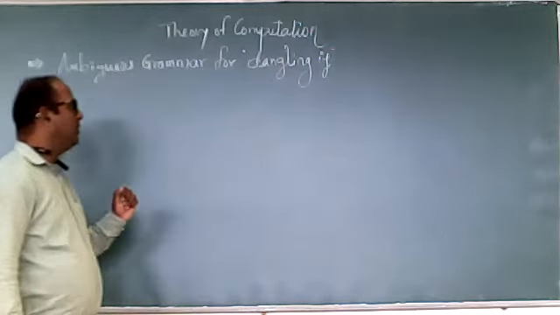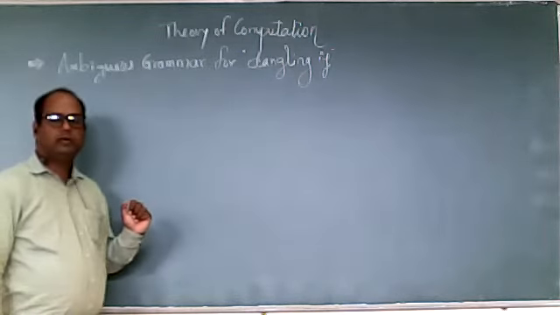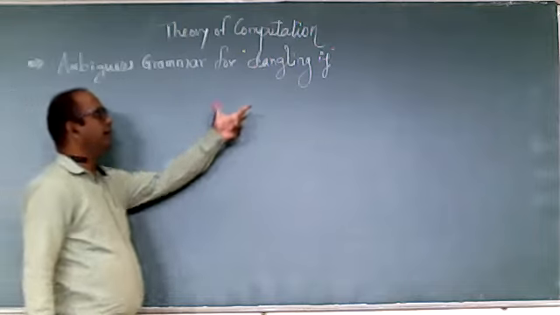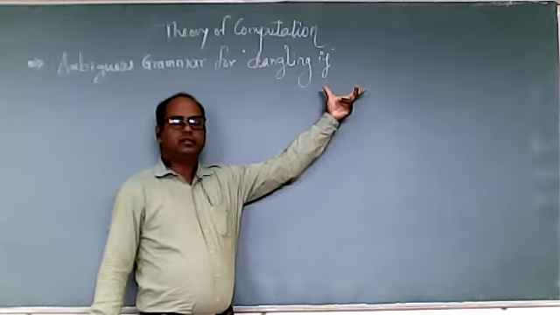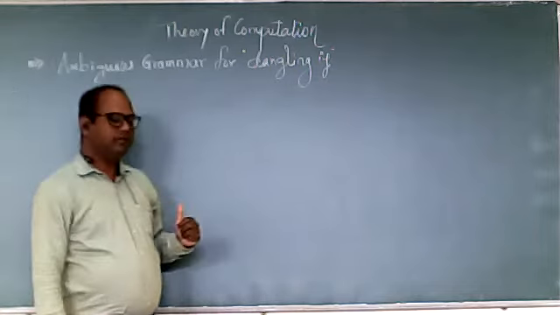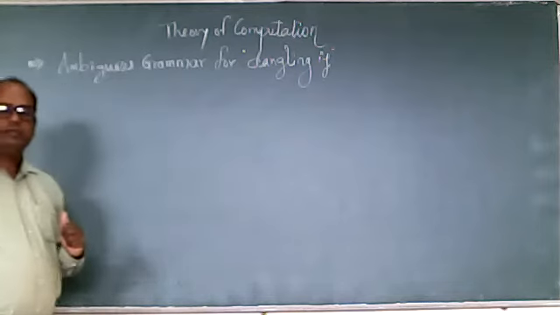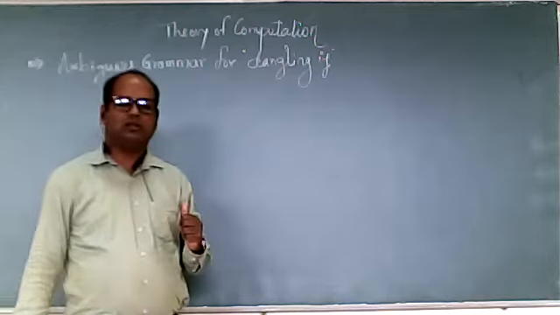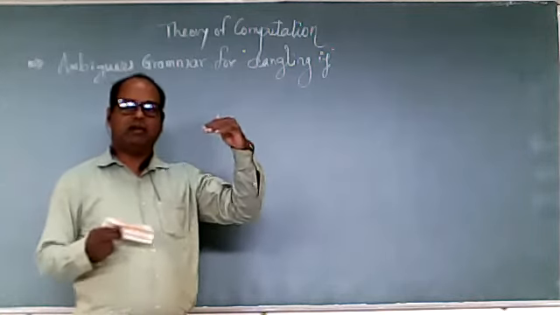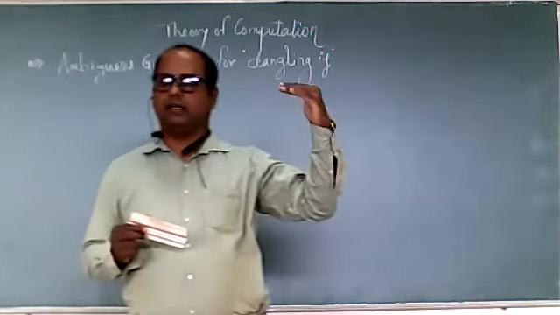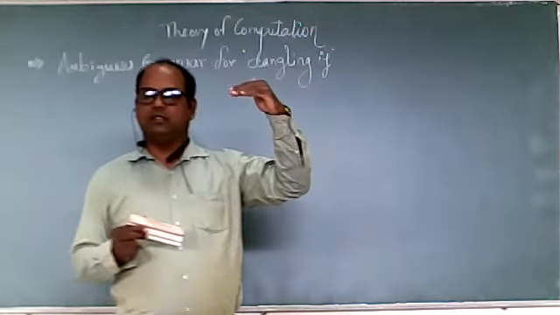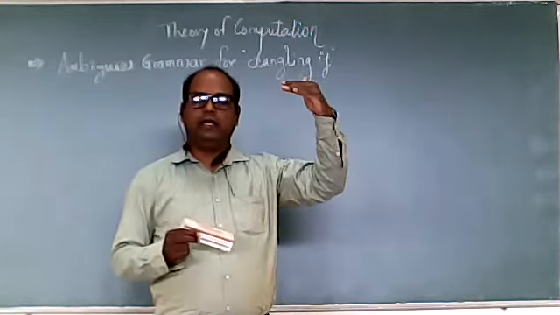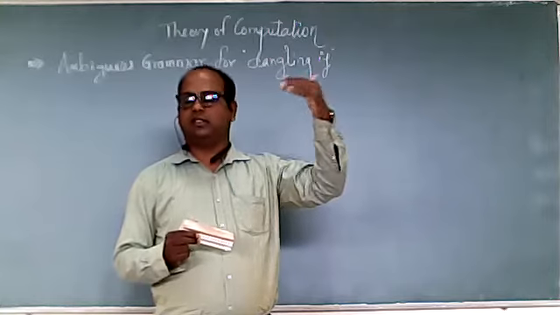Now one very common problem for ambiguity is called the dangling if. Dangling if. Now what do you mean by dangling if? As everyone knows, in C language or any language, whenever we have a block under one command, under one function, we assign an opening and closing for that function.